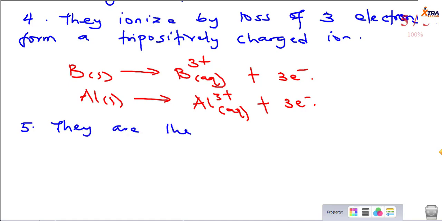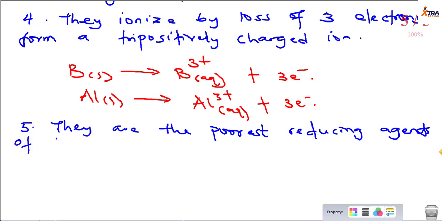They're the poorest reducing agents of the metal group. So that means of groups 1, 2, and 3, they are the poorest reducing agents. They are the weakest, while group 1 elements are the strongest reducing agents.